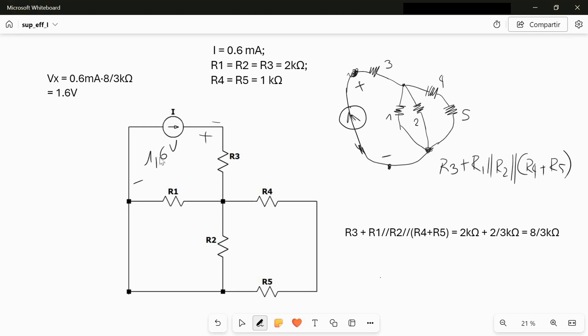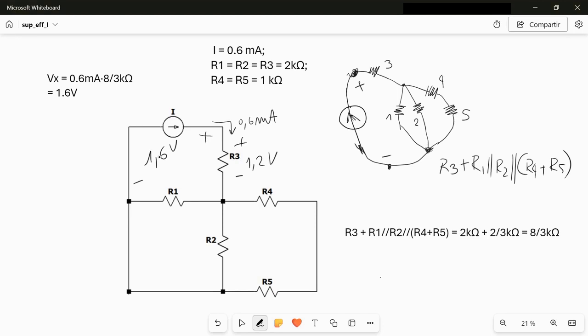We know also that this current I, which is 0.6 milliampere, enters R3, which is 2 kilo. So 0.6 milliampere times 2 kilo gives us 1.2 volt. So we have this voltage drop here.